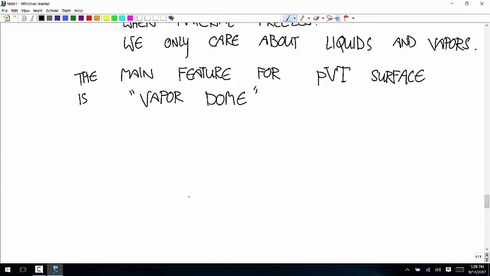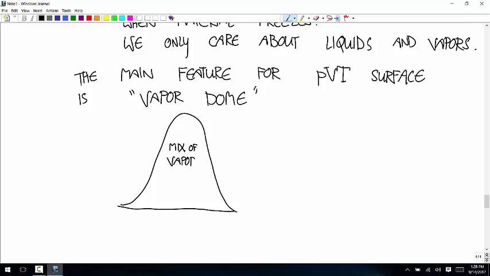So I'm going to just draw this shape. Inside the dome is a mix of vapor and liquid. At its bottom edge is something called the triple line.